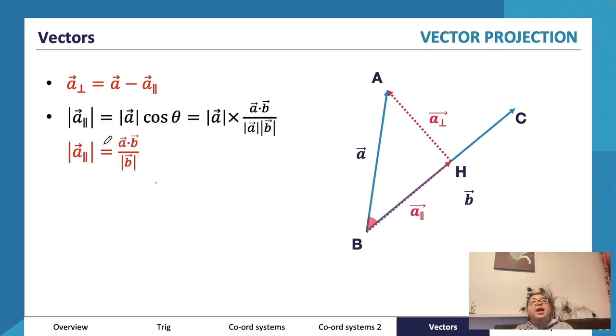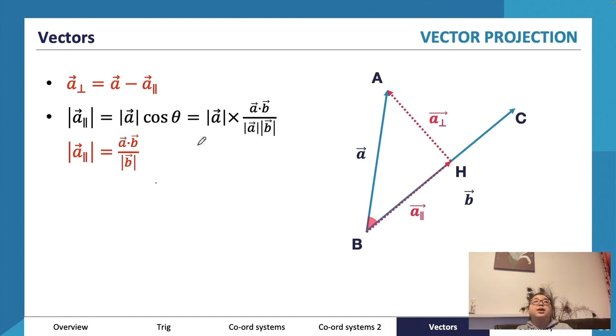So how you find A parallel is essentially saying, how far is my vector A moving in the direction of vector B? So what that means is you want to find out how far it's traveling, and then you want to put it in the direction of vector B.